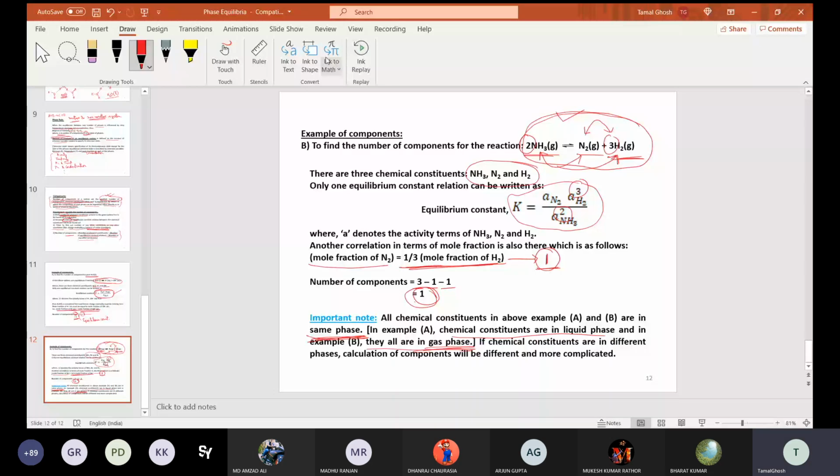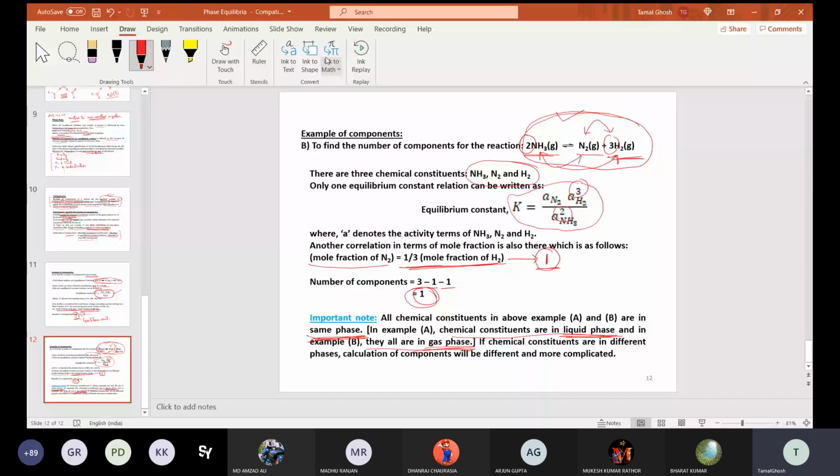Now there are many reactions where these constituents appear in different phases, and there the component calculation will be a little bit complicated.